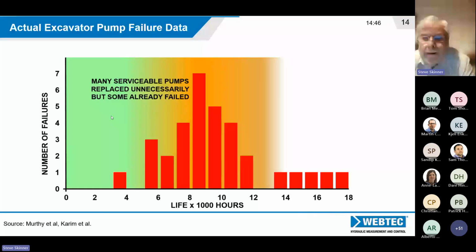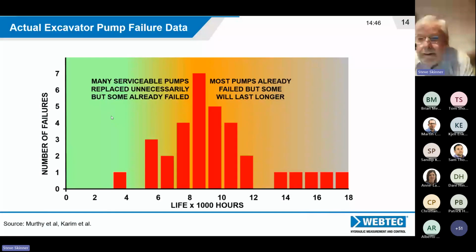If we carry on into this area here, then most pumps will already have failed. So we haven't achieved the objective that we're trying to. But again, some pumps will last longer. So again, it's a very difficult decision to make as to whereabouts our pump replacement should be, how long our pump is going to last.